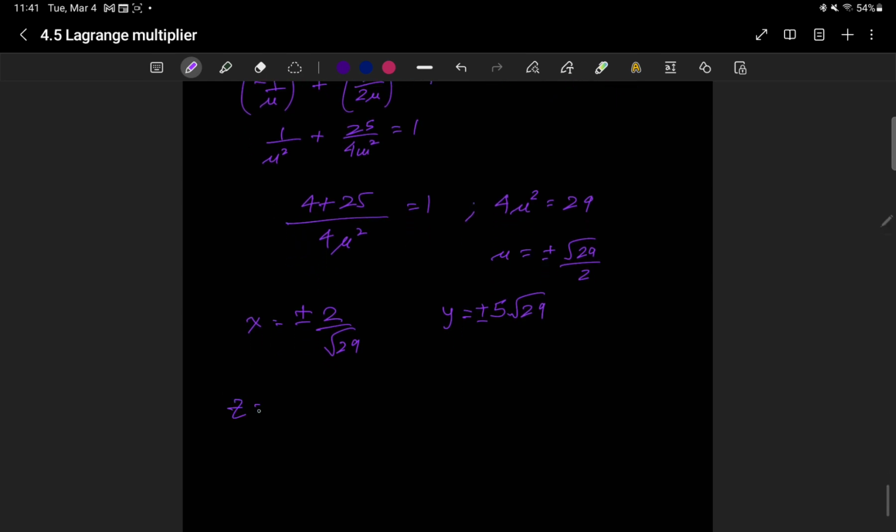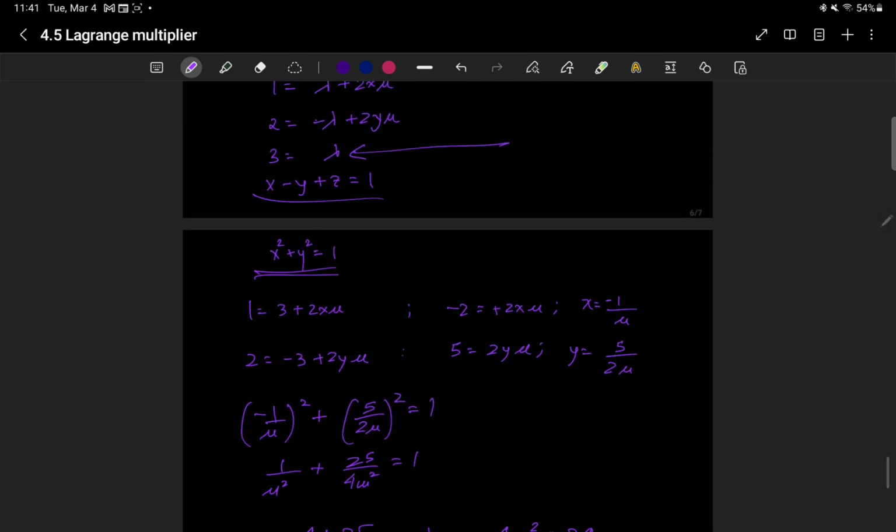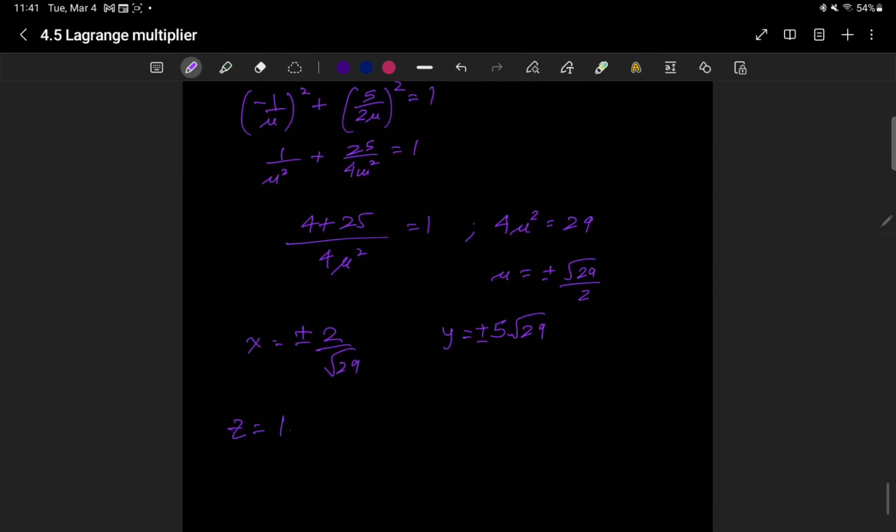And z can be found using this one, which is 1 minus x plus y. So it's 1 minus 2 over root 29 plus 5 over root 29.